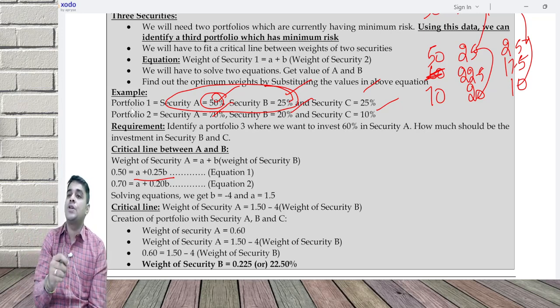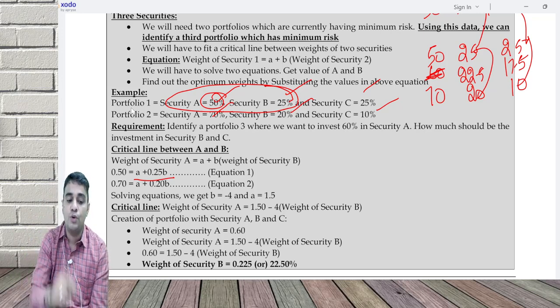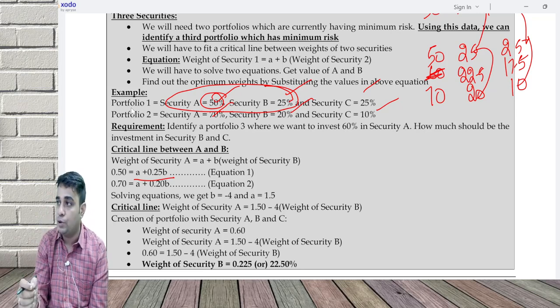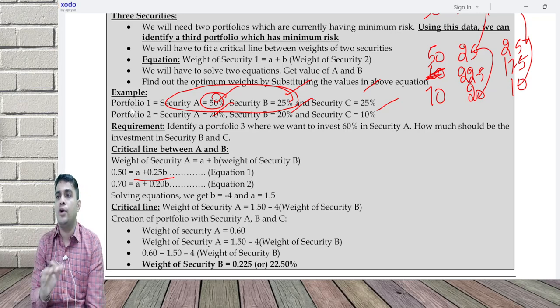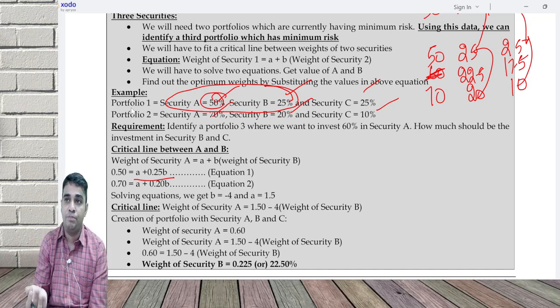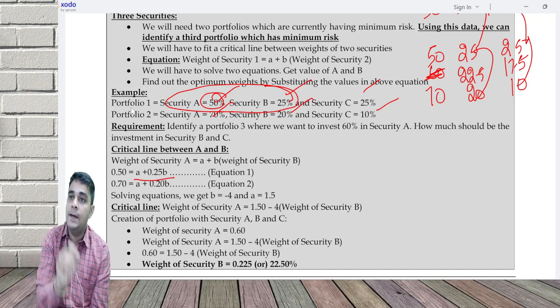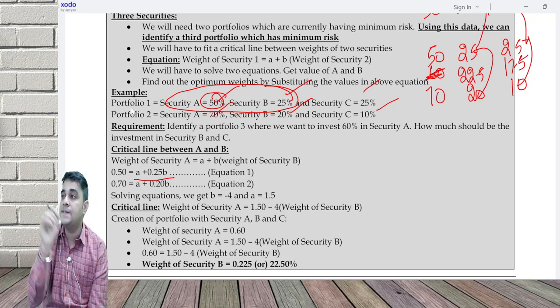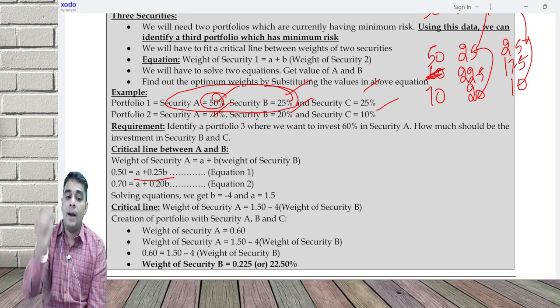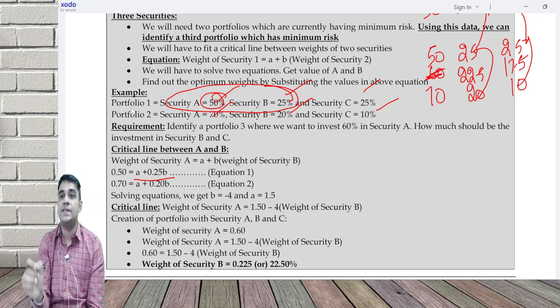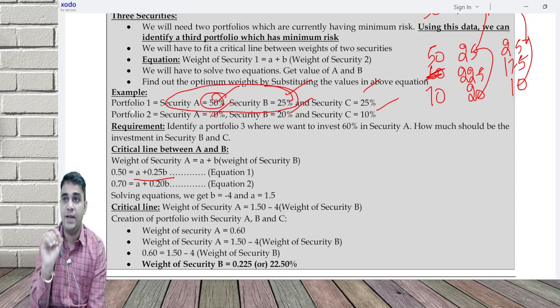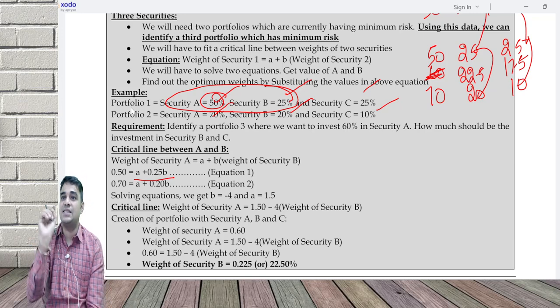Then second equation, 0.7 is equal to A plus 0.2B. This is an equation between A and B. Let's assume, no, I don't want to do it between A and B. I want to do it between B and C. Then 0.25 is equal to A plus 0.25B, and 0.2 is equal to A plus 0.1C. Again, I'm repeating, A and B are not the weights. They are just two coefficients.